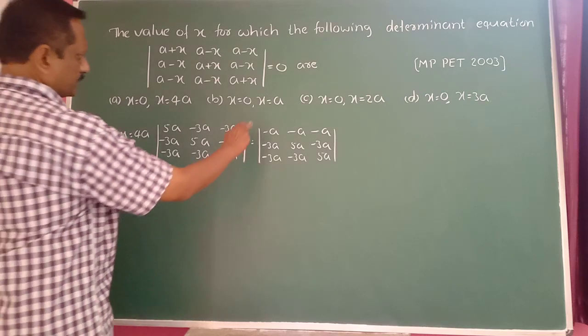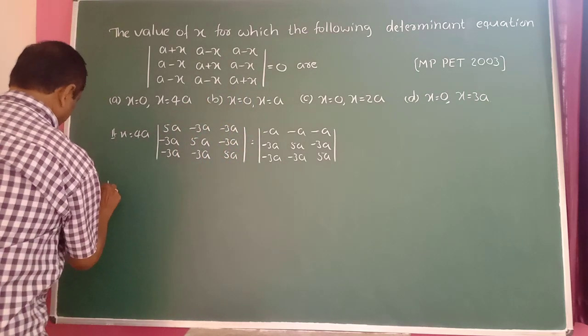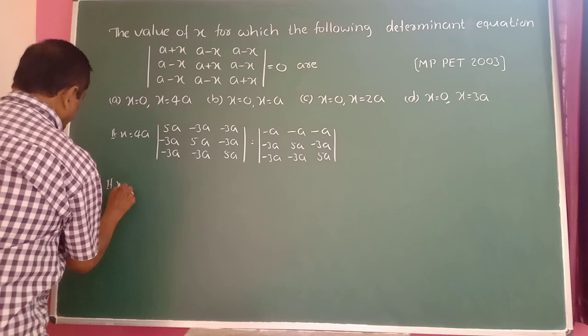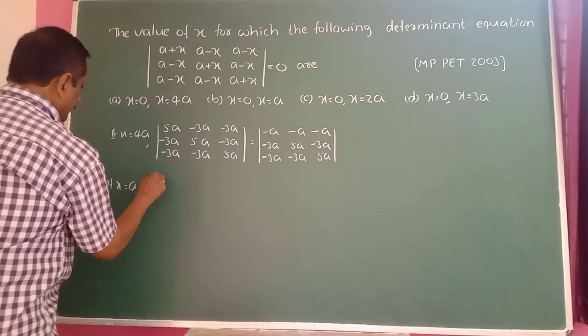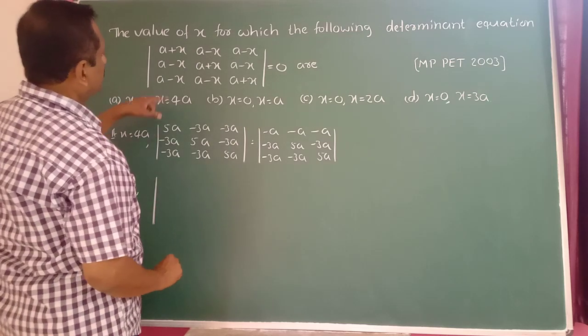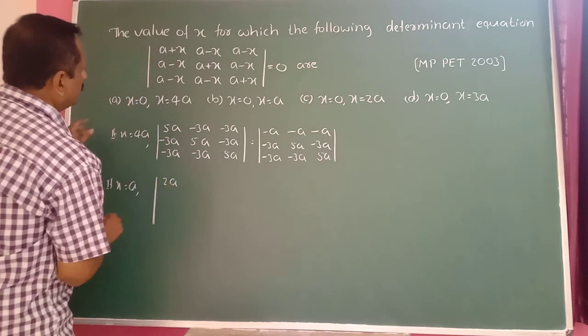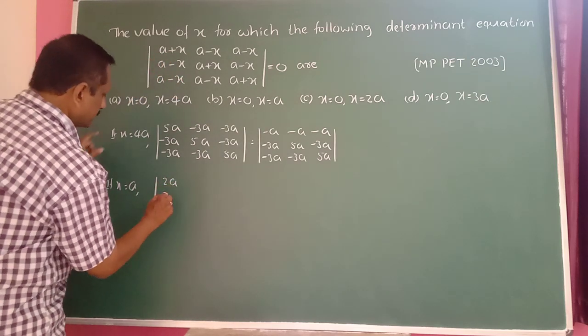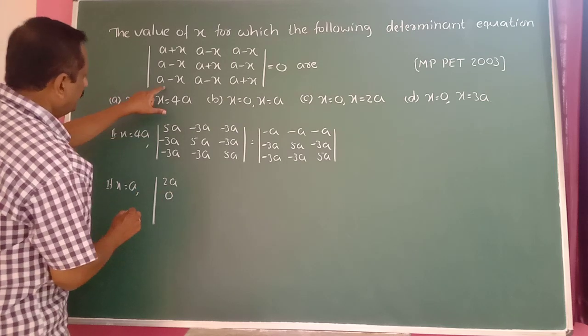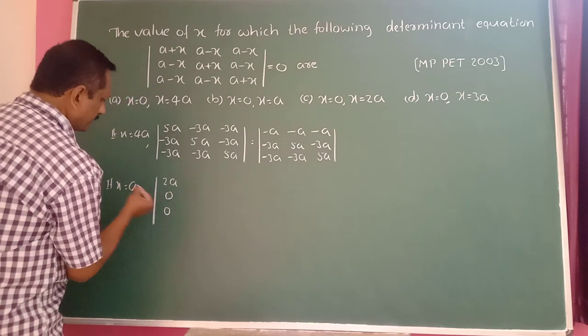Suppose we take x equal to a. In that case put x value here: a plus a becomes 2a. Put x value here: a and a cancel, it is 0.